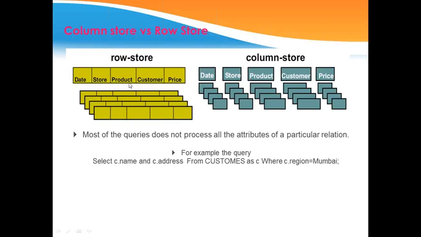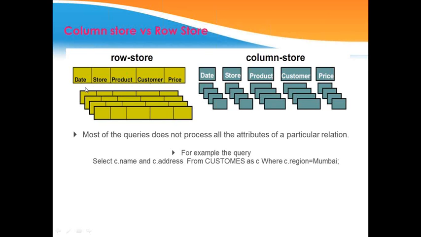If I want something, I run a query saying select product and customer where product id is equal to 123. What happens in the row store is it scans the table, reads the complete row, and fetches only these two details: the customer details of product id 123 only, from these two columns.